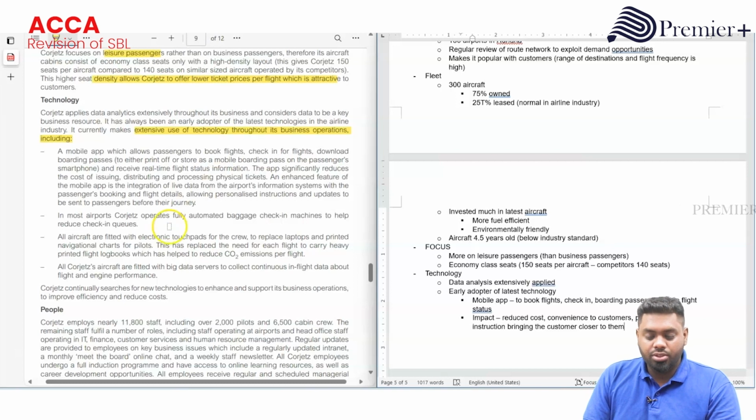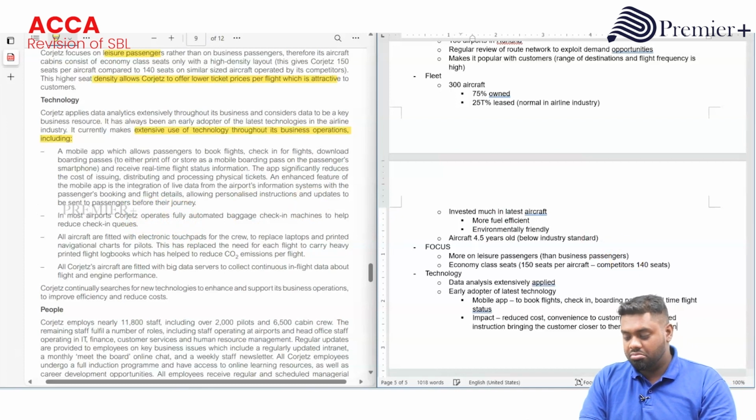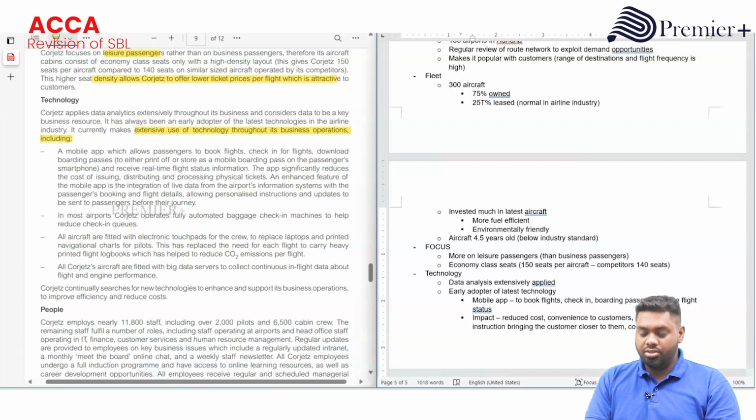And communication as well, changes in the flights and updates, all of this will be communicated.